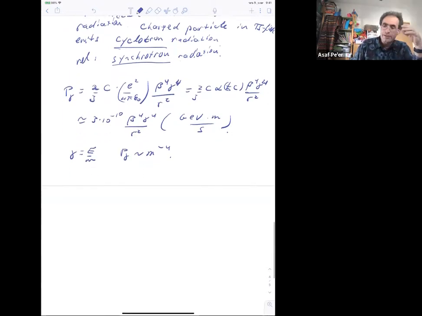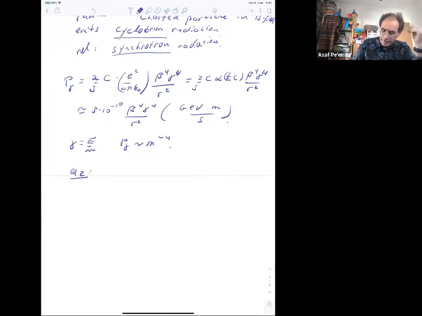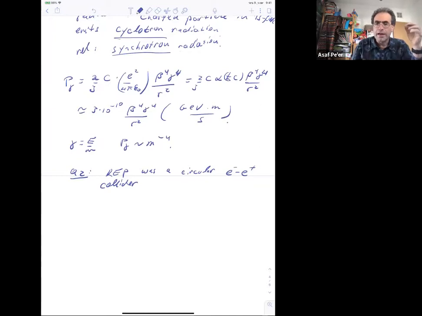So let's do a small exercise. Question number 2. The LEP, that's a different experiment. LEP was a circular electron-positron collider, a circular e minus e plus collider. It was working during the 1990s, roughly.